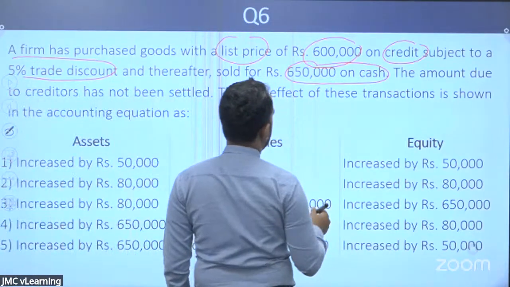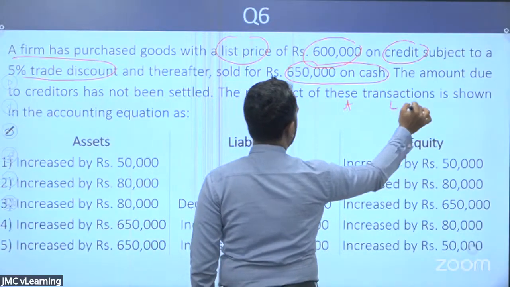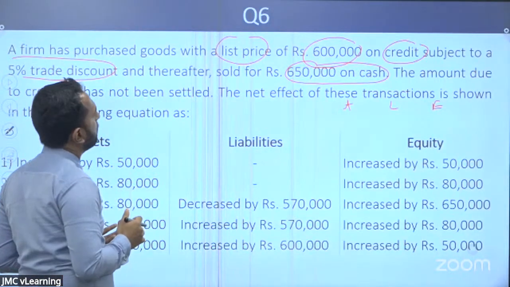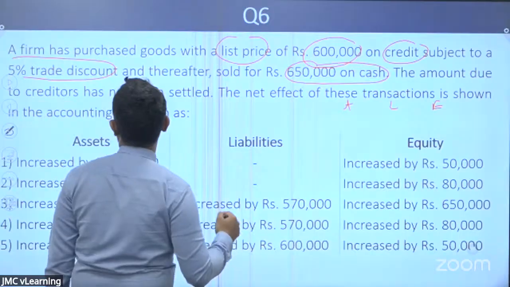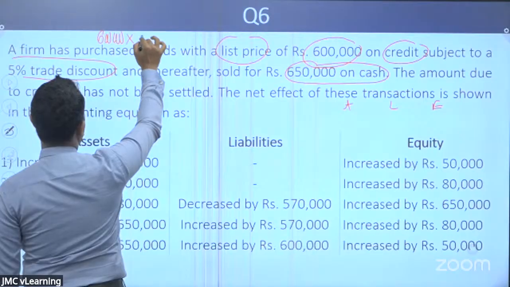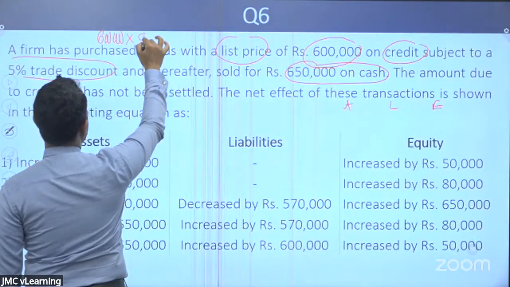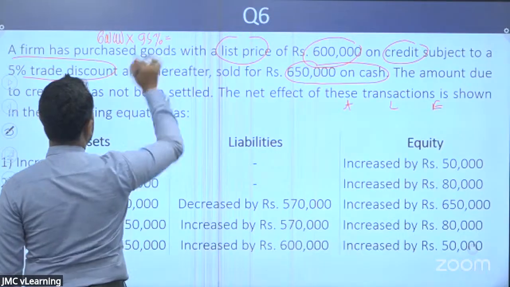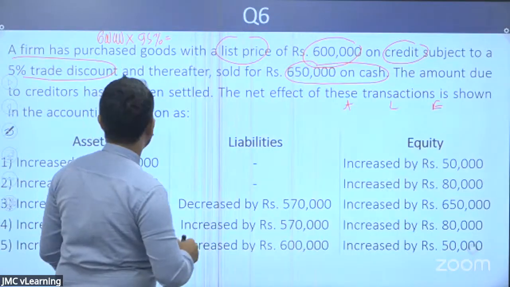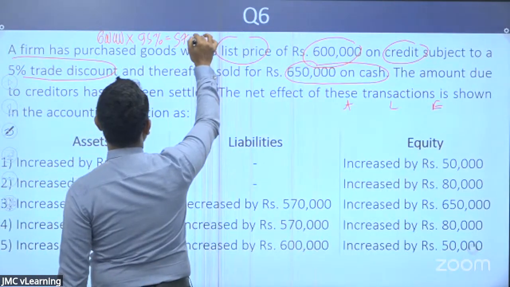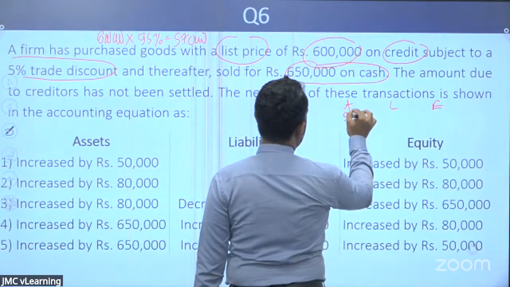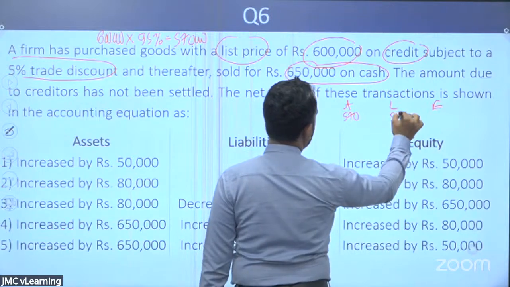We have assets, liabilities and equity. First, the goods 600,000 are subject to a 5% trade discount, so you need to take 95%, which is 570,000. So you are purchasing 570,000 worth of items. The assets go up and the liability goes up by 570.